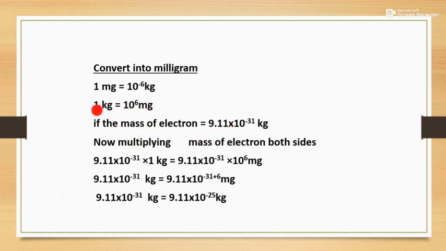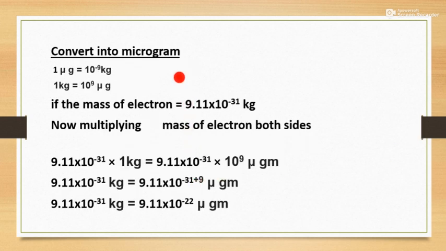Same step, 1 multiplied by this part, kg is equal to kg, and 9.11 times 10 raised stays, but the 10 and 10 bases are the same, so powers are added: minus 31 plus 6, which is equal to minus 25. This is the converted mass of kg into milligram.